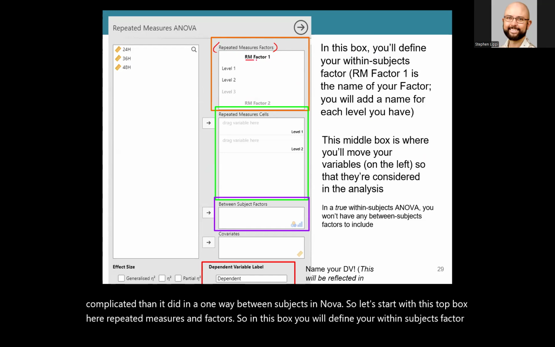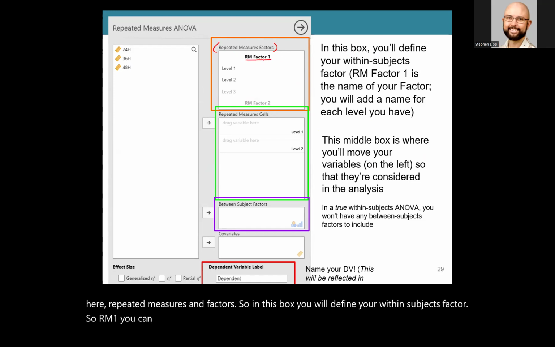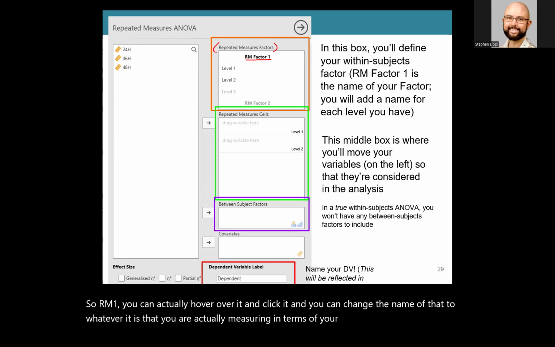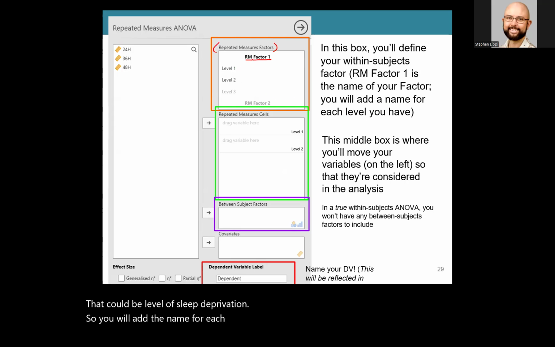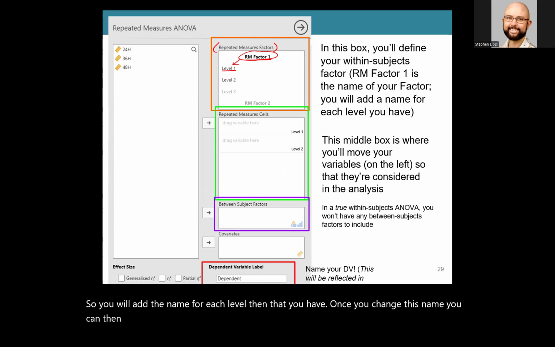So RM1, you can actually hover over it and click it, and you can change the name of that to whatever it is that you are actually measuring in terms of your independent variable. So that could be level of sleep deprivation. So you will add the name for each level then that you have. Once you change this name, you can then add level 1, level 2, change the names there.